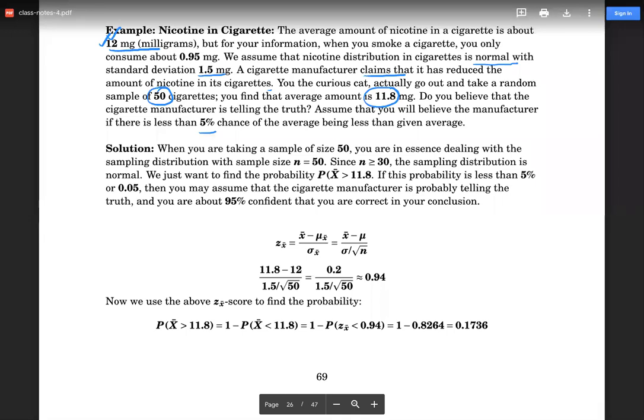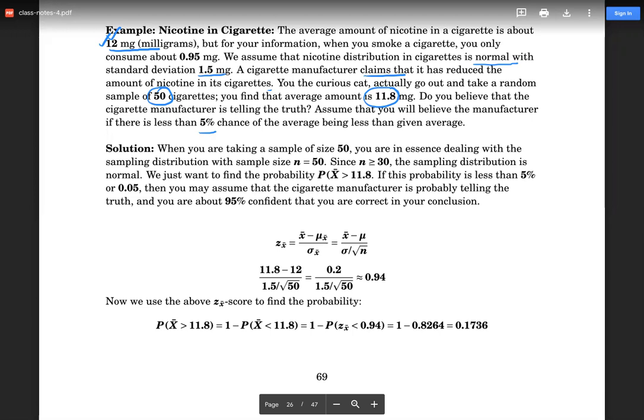So this problem is a little bit hard to understand. Maybe it's the concept as well as the wording, both. I couldn't find a much better way of expressing it. I just did as much as I could. Hopefully it makes sense. I'm going to try to explain it. Let's say cigarette manufacturers didn't do anything. They really haven't changed anything. They're just saying that, oh, okay, we reduced it.